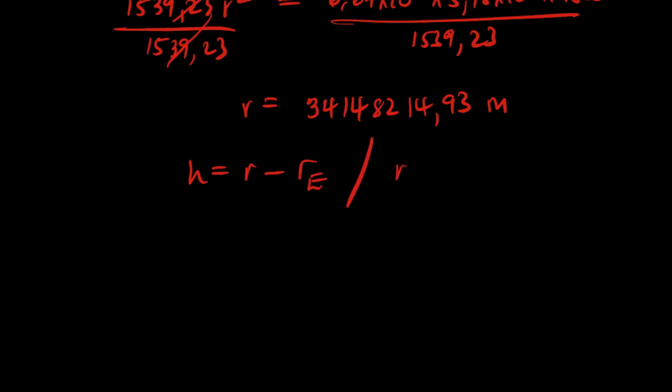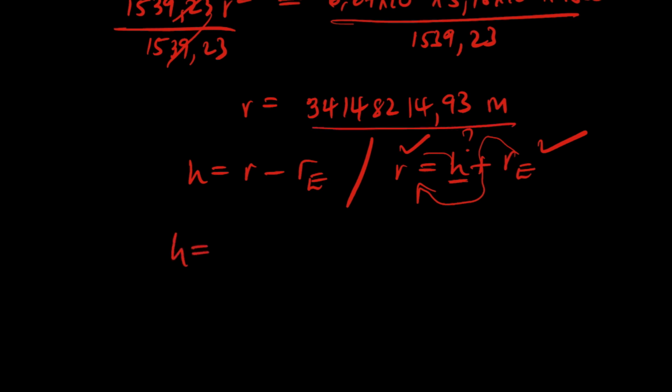Alternatively, you can say R is equal to height plus RE. So what you have that, and you want that, and you have that, right? So when you take this to this side, this is what you want.